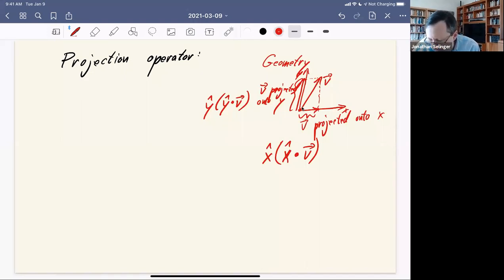So taking any old vector v, you get the dot product with y, that's a scalar, times y hat, that's a vector again, that's this vector.